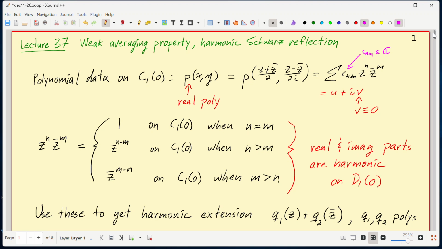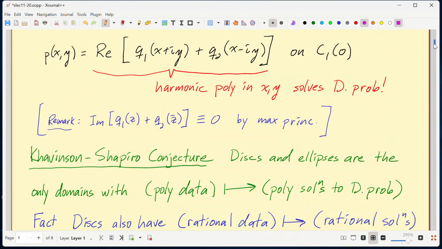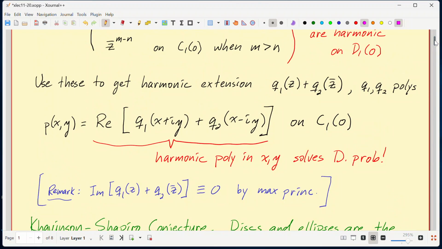So the imaginary part of that complex polynomial is identically 0 on the unit circle. I guess it's identically 0, period. We care about it on the unit circle where it's also identically 0. And so that solution that I get, if I take the imaginary part, is a harmonic function that's identically 0 on the boundary. And so by the maximum principle, it would be identically 0, period.